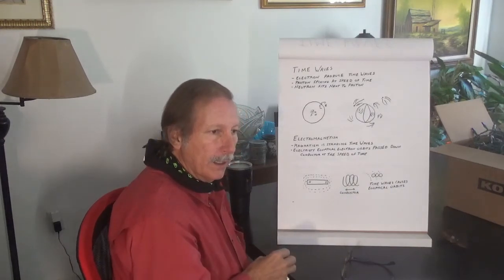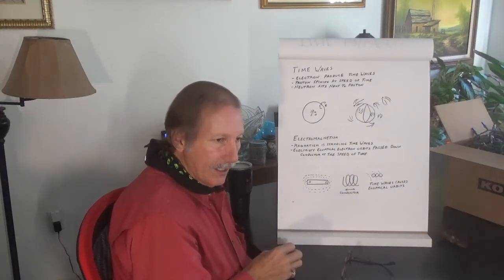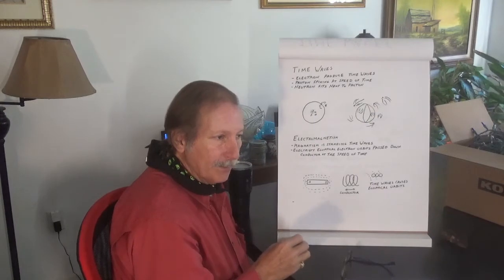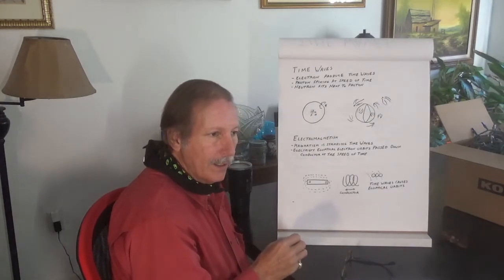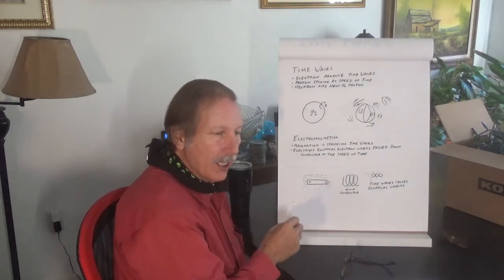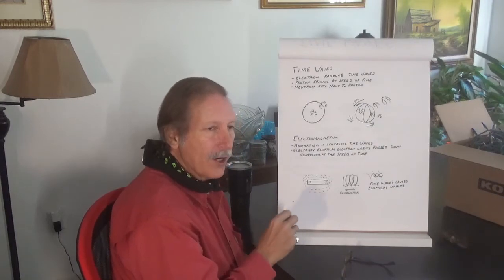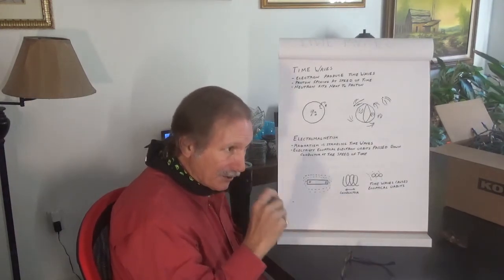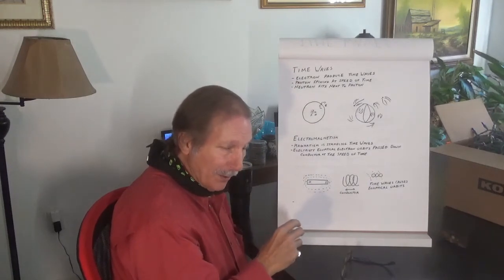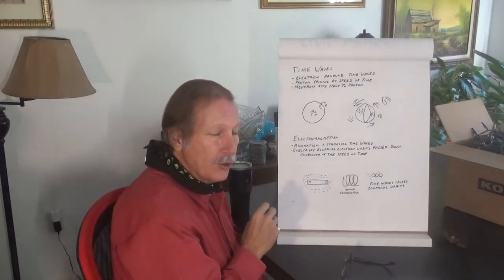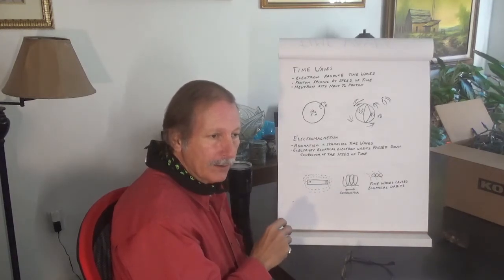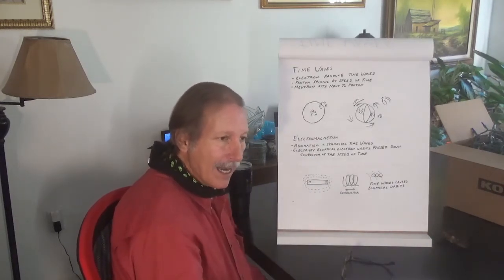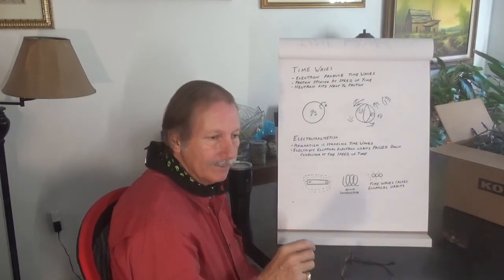Well, electricity is, once again, elliptical orbits in the copper conductor transferring down the conductor at the speed of light. So in other words, electricity is elliptical orbits that are induced in the copper matrix and pass down that copper wire at the speed of light, speed of time.